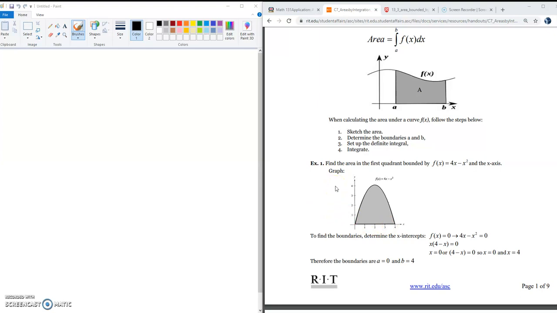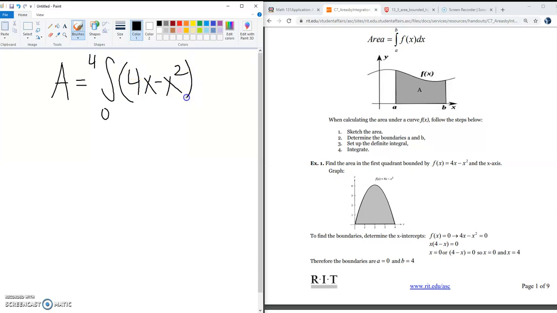So let's set up our integral. We have a equal to the integral going from 0 to 4 of 4x minus x squared dx. And just take the integral of both terms.